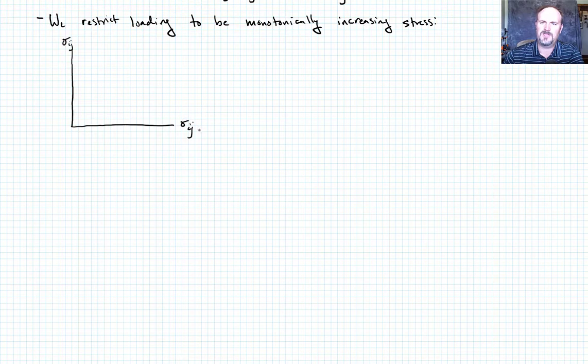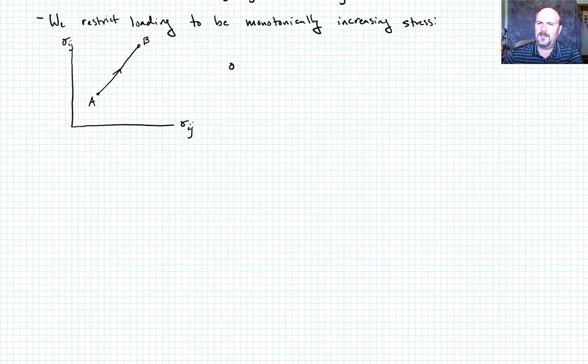So maybe this could be sigma 1,1, and this could be sigma 1,2. So it's some ratio of stress to normal strain or something like that. But the point is that we have some point in stress space. We'll call that point A. And we're going to move along a straight line that connects us to a point B. This is the type of monotonic increasing stress I'm talking about.